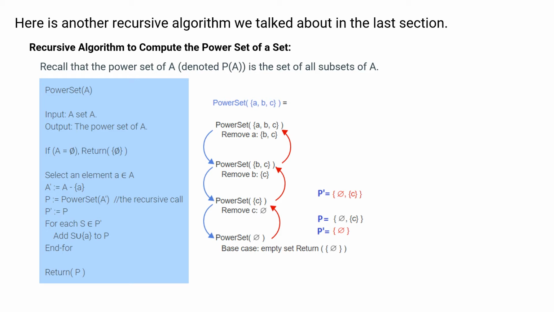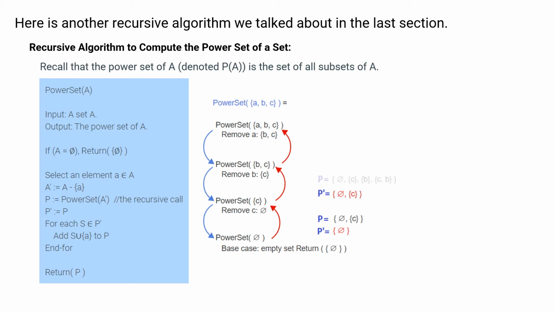So here we would have the empty set and then the set including only the element C. But now we take a copy of that, along with the sets we would get when we add back in that one element we had just taken away for that iteration, which was a B in this case.